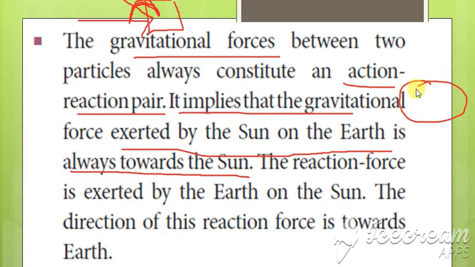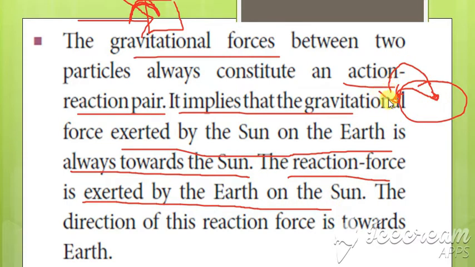When you consider the example between the sun and the earth, there is a gravitational force, is it not? And the gravitational force is always what? It is attractive. So the reaction force is exerted by the earth on the sun. In addition, there is also a reaction force which the sun exerts on the earth.